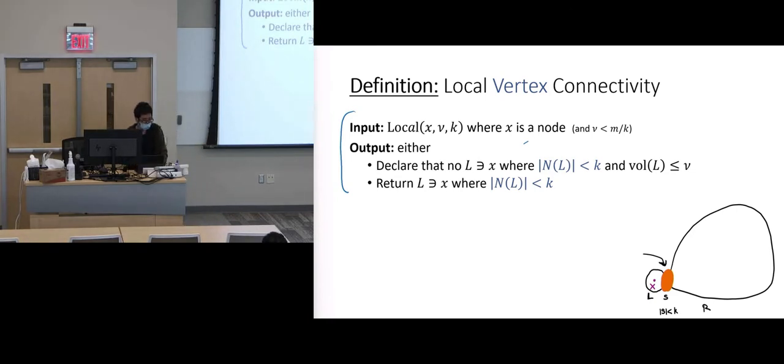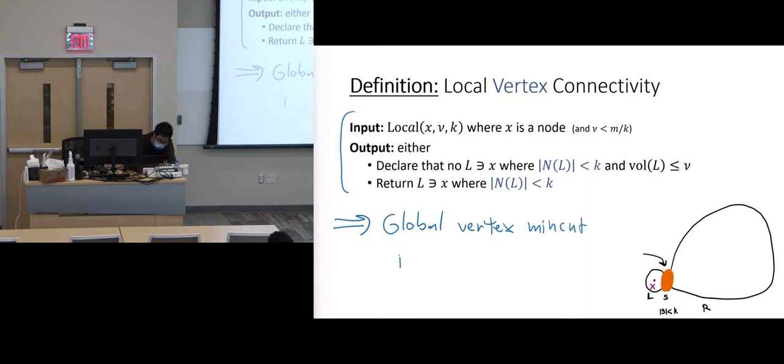then you can use it again to solve a global vertex min cut where k is opt.